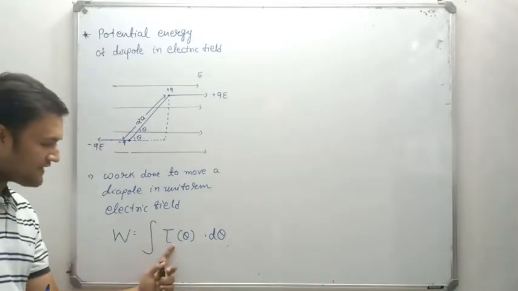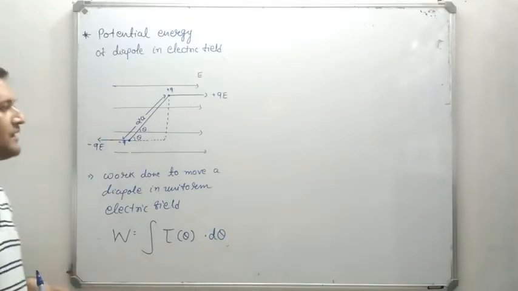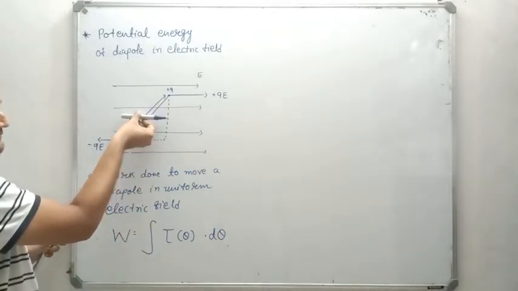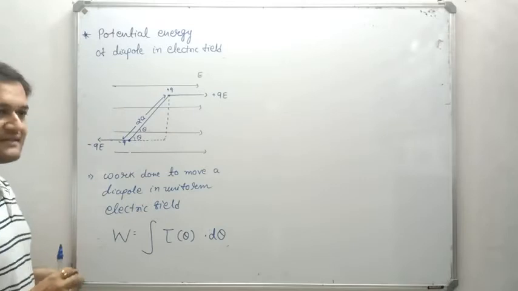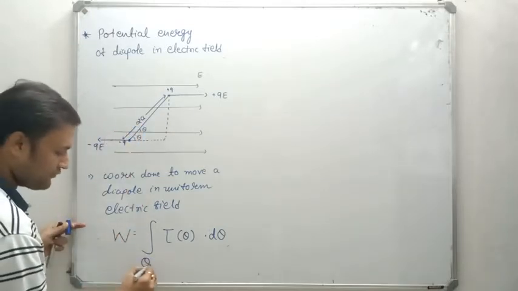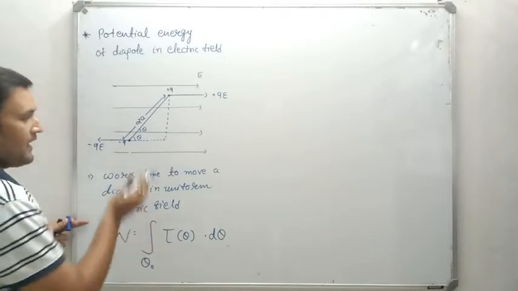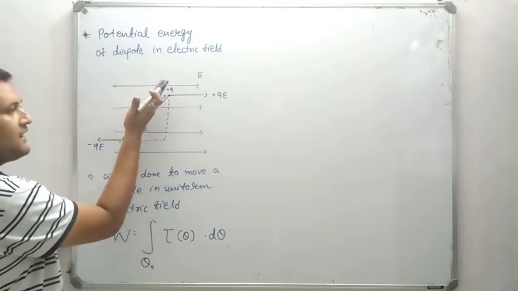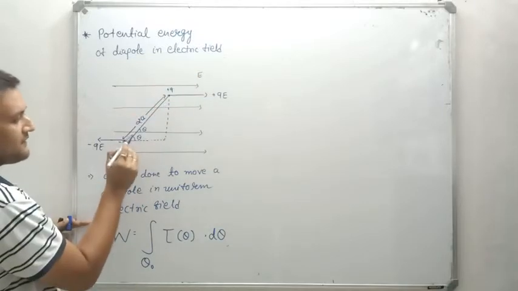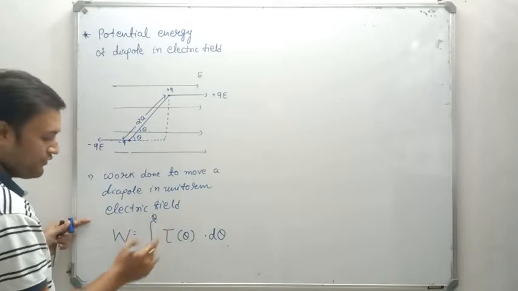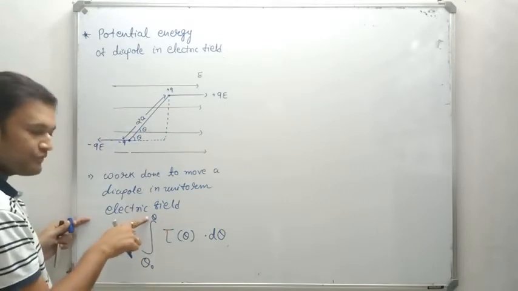By nature, the dipole is parallel to the electric field, theta is 0, but we can write it as theta 0. Then we remove it from the electric field, and it makes an angle theta with the electric field. So we just move from theta 0 to theta.